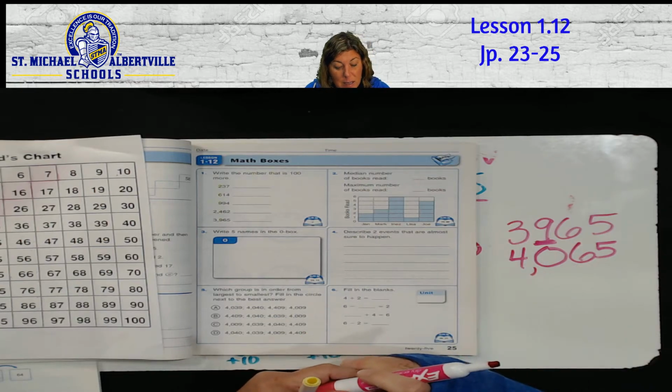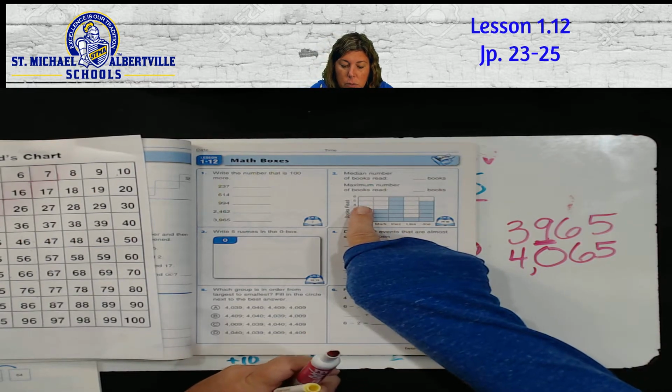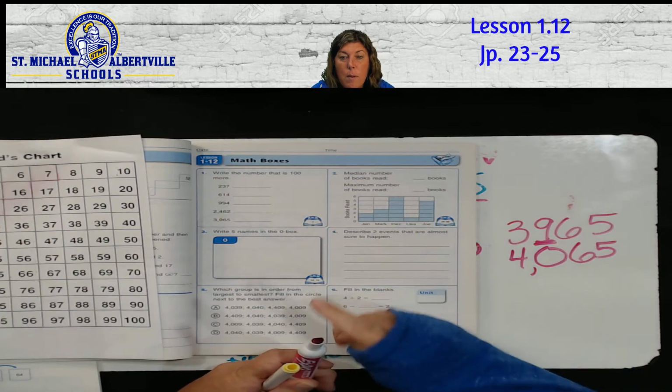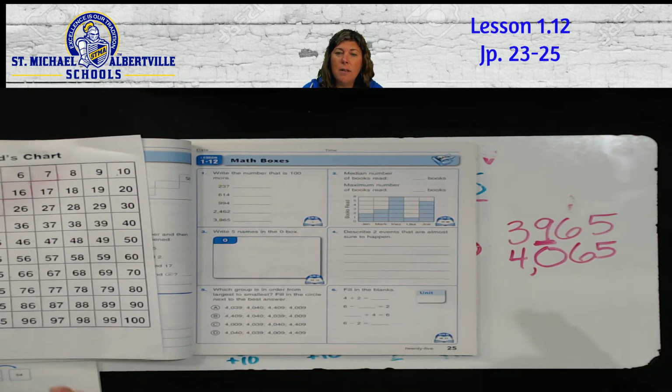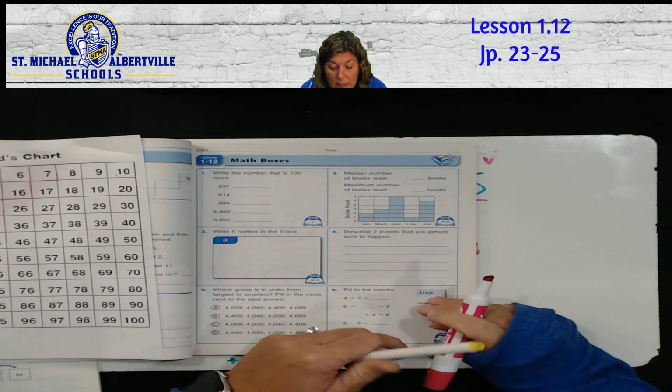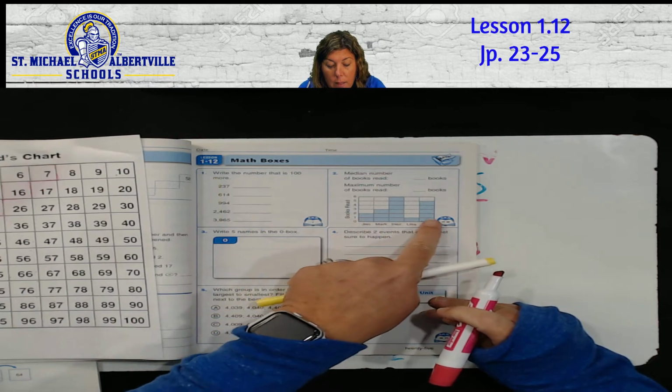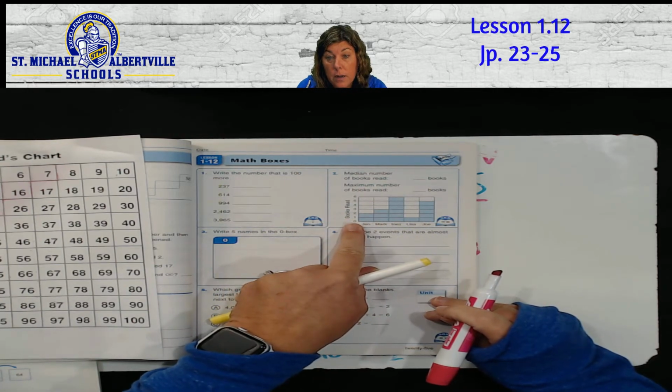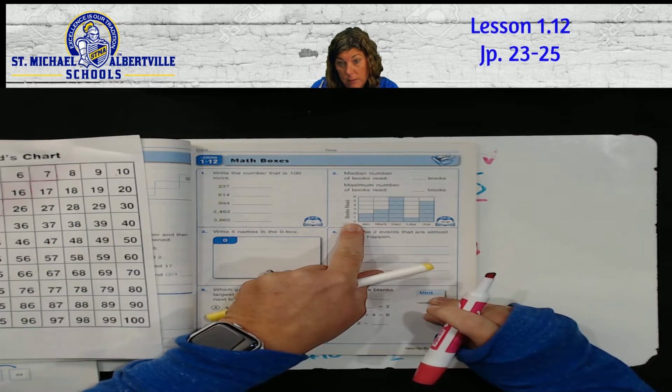Okay, keep going today. Number 2, you're going to find the median. Remember, the median. You're going to find the median. Yes, you're right, the median is the middle. Now to find the middle number, I have to put all the data in order from either biggest to smallest or smallest to biggest.